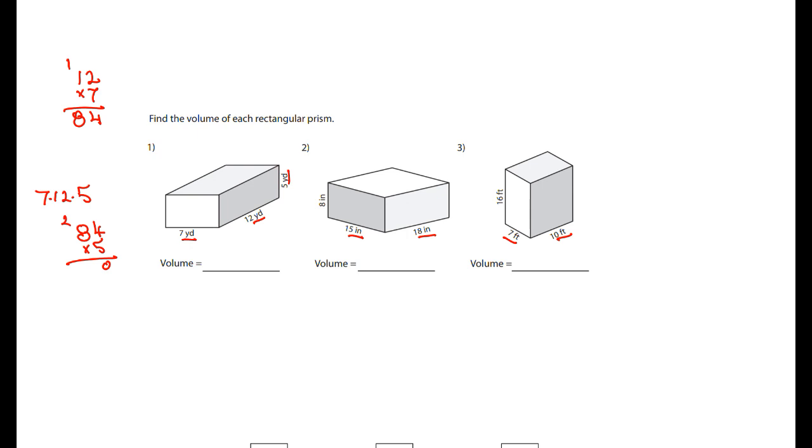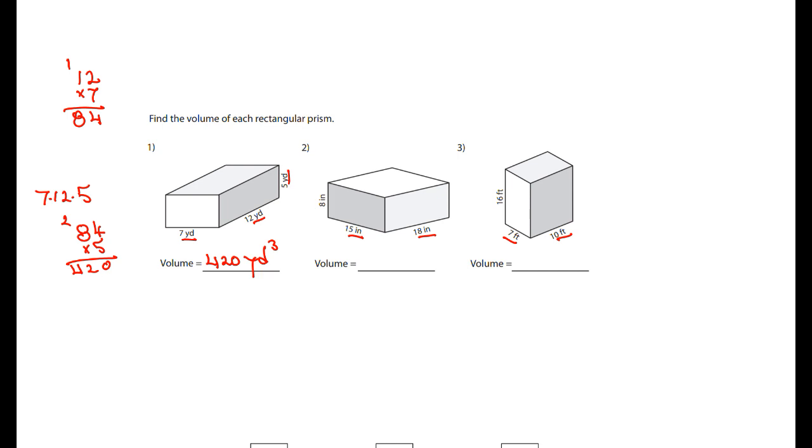Carry the 2. What's 5 times 8? That would be 40. And plus 2 is 42. So 420. So the very first one is 420 yards cubed.